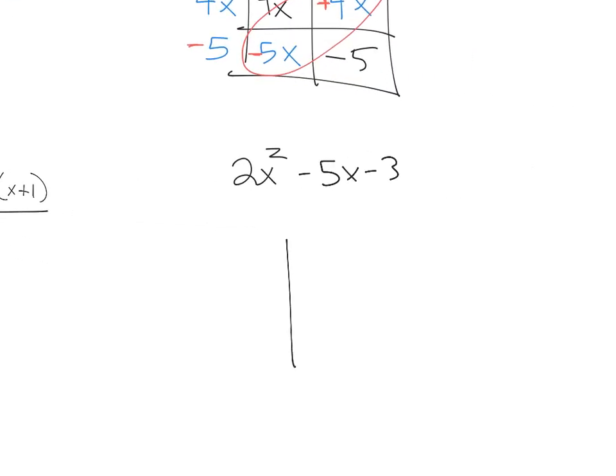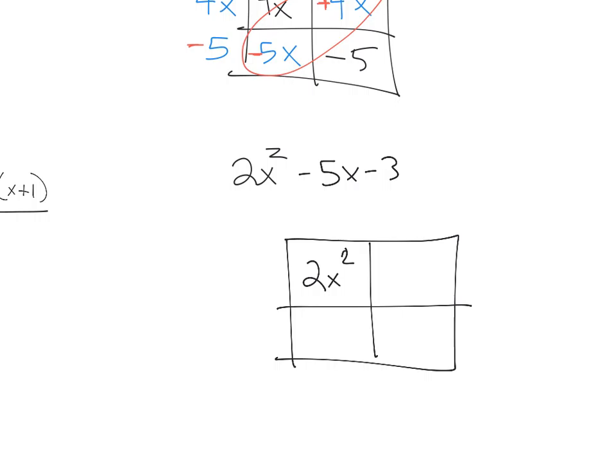And we know that 2x squared goes here. We've got negative 3 there. And we know that we need to have a 2x and an x. Now, if I put 3 here and the 1 here, that's going to give me a 3, because 3 times 1 is 3, and I'm ignoring the sign right now.